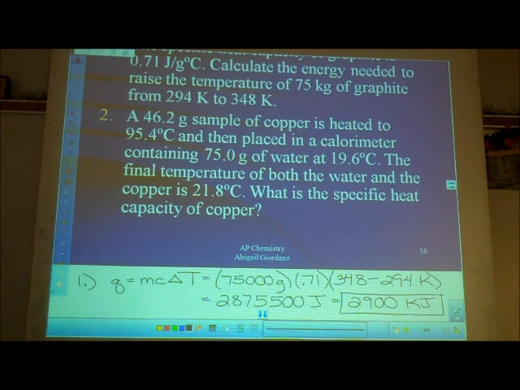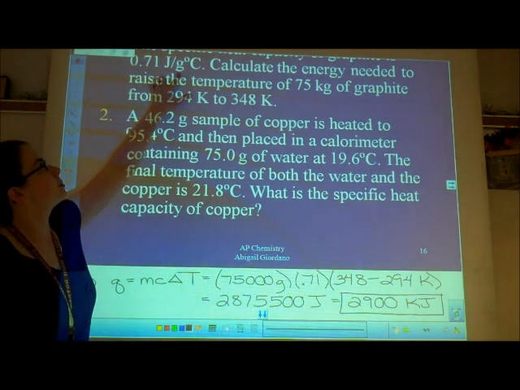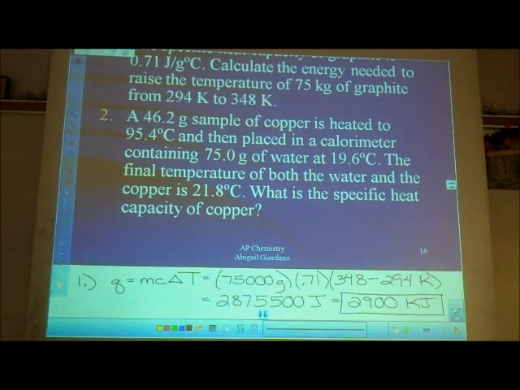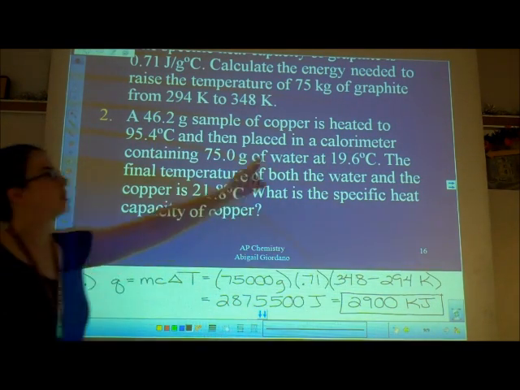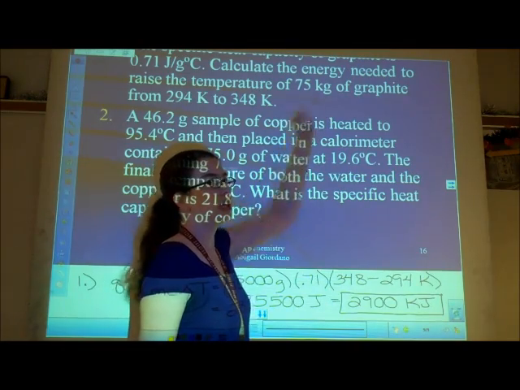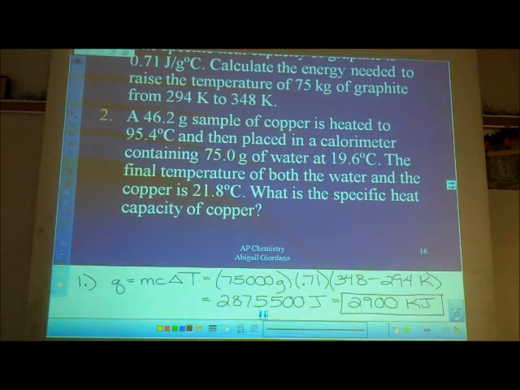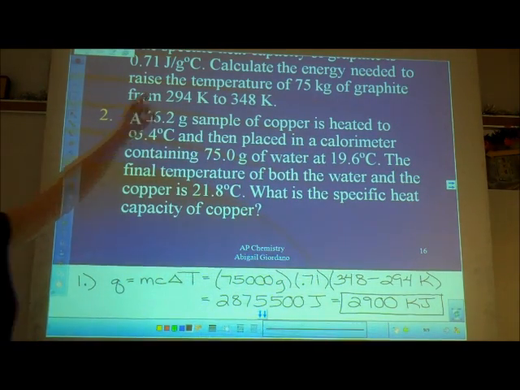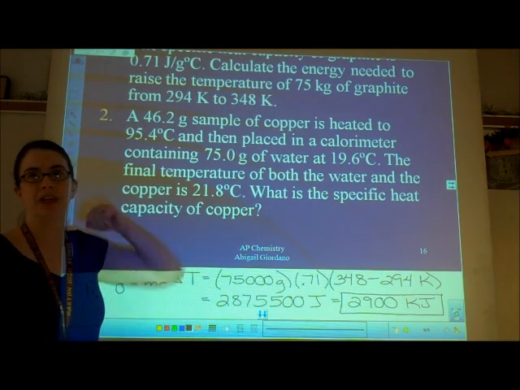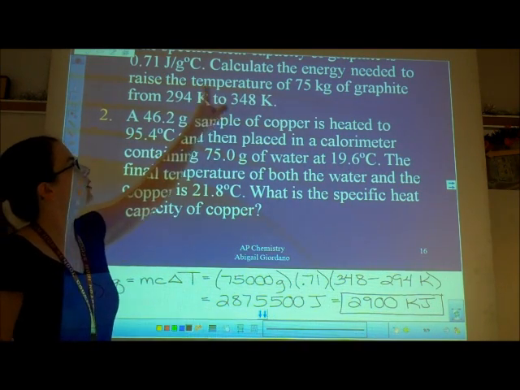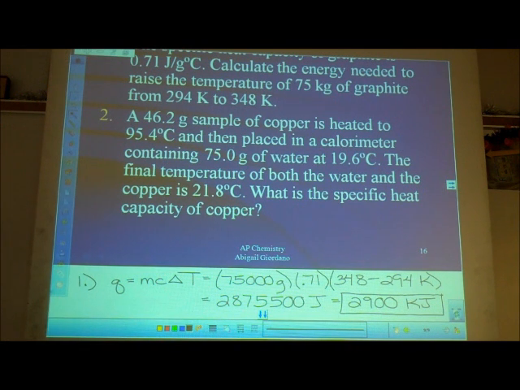I want you to notice a few things. First of all, this specific heat capacity has units of grams in it, so I can't leave that in kilograms. It also has degrees Celsius, and I was given Kelvin.